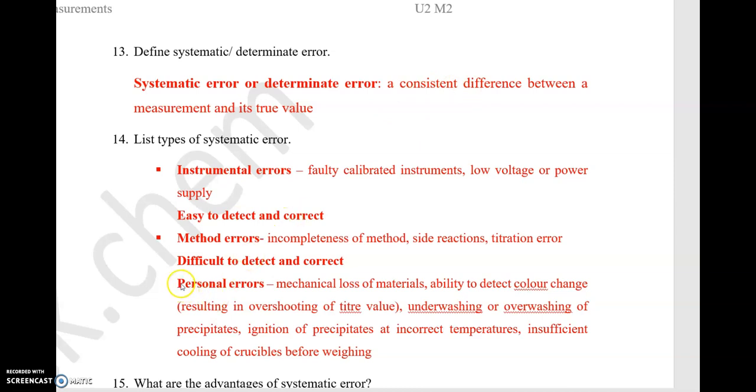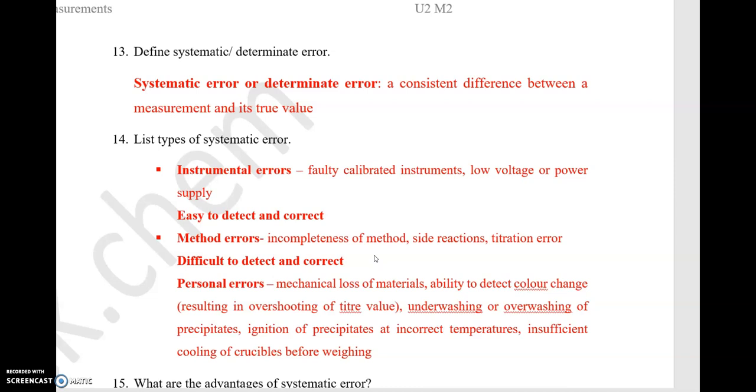Next up, there are personal errors, and personal errors can be classified as mechanical loss of materials by the experimenter, the ability to detect color change, for example, in a titration, which may result in overshooting of the titer value. In gravimetric analysis, it may include underwashing or overwashing of a precipitate.